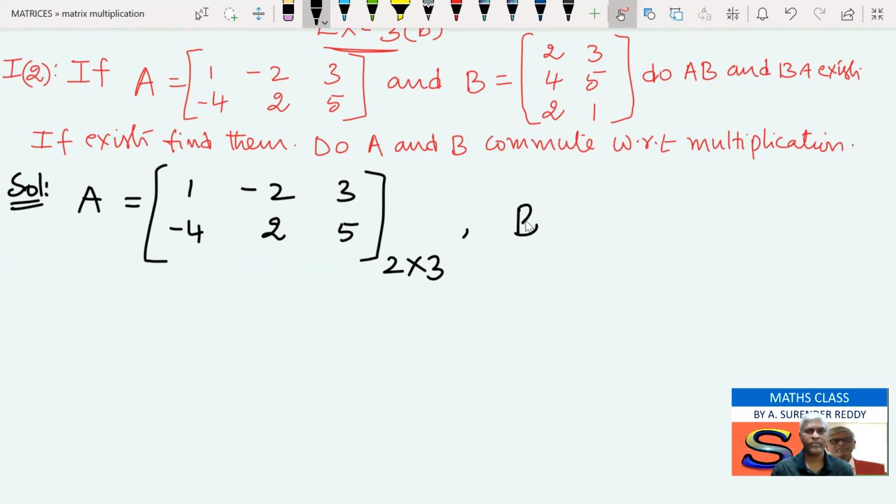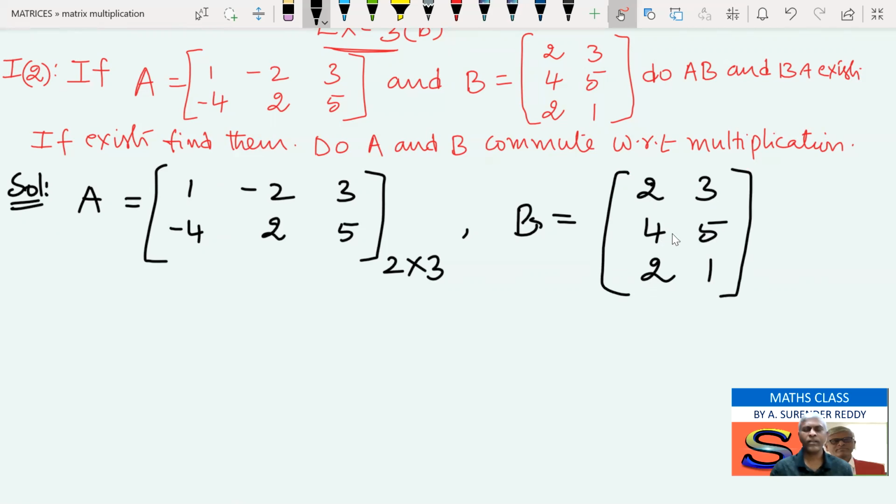And B: 2 3, 4 5, 2 1. So this is the second matrix. Order of this one, 3 rows are there and 2 columns. So the order of this is 3 by 2.